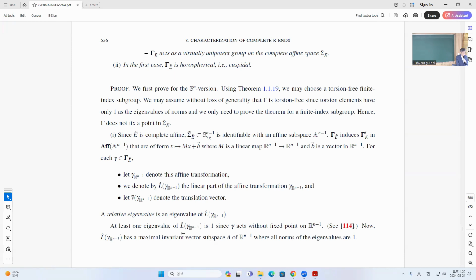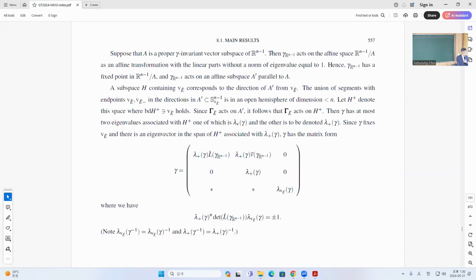If at least one eigenvalue is one, since gamma acts without fixed point, this is a result by Milnor and Sullivan: if you have any affine transformation without a fixed point, then it has to have eigenvalue 1, because if not, you can always solve for the fixed point. So this has some maximal invariant vector space A where all the eigenvalues are 1, and this is a gamma-invariant vector space.